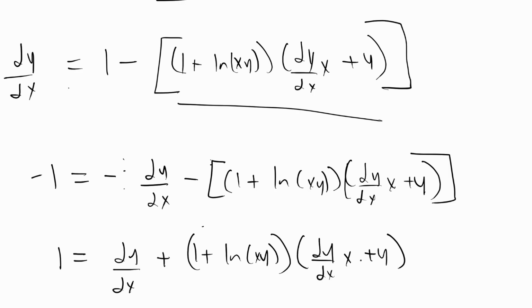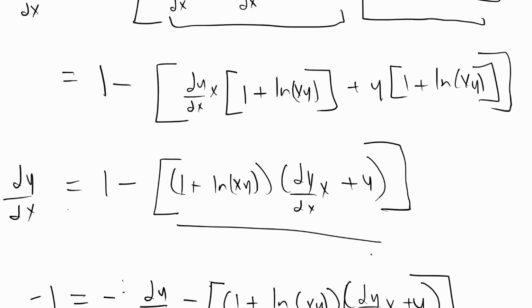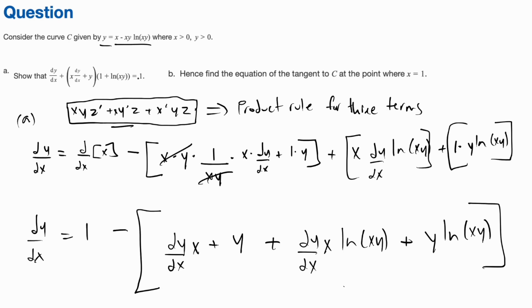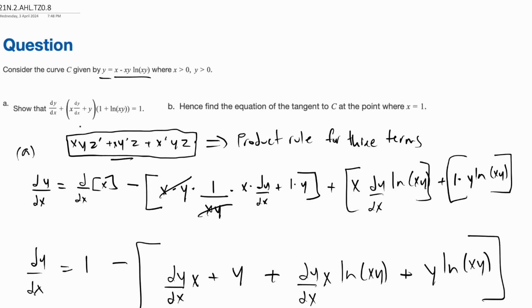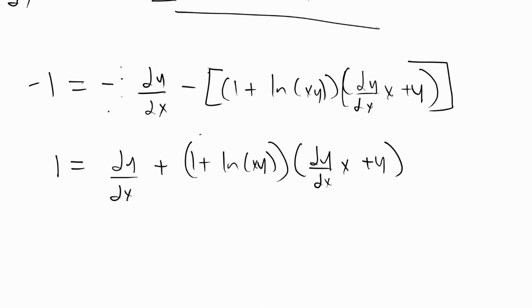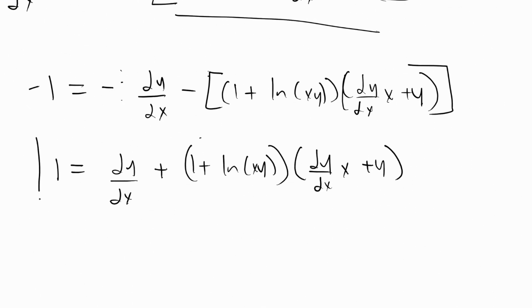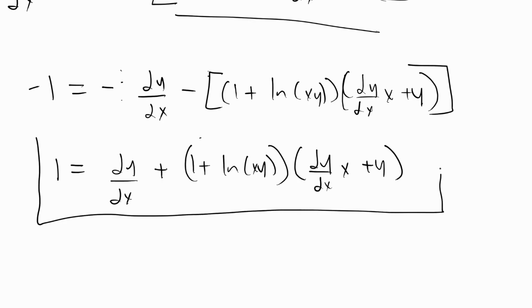And let's see if I've done everything correctly. Is this our final answer? 1 is equal to dy by dx plus, exactly, that's it. That's your final proof. We have proved that this equation is possible.